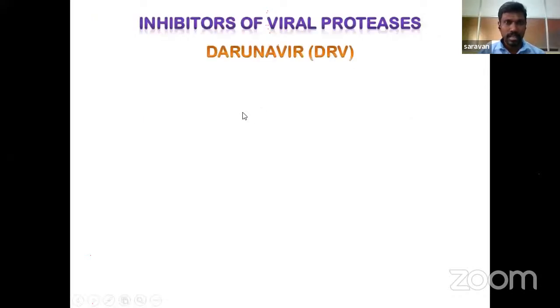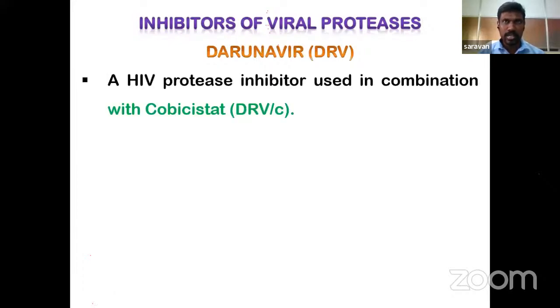Now coming to the second drug, that is darunavir. Darunavir is an HIV protease inhibitor which is used for the treatment of HIV infection, and was found to be effective in treating SARS-CoV-2 infection also. It is approved for usage in SARS-CoV-2 in combination with cobicistat, which is again an antiviral drug.